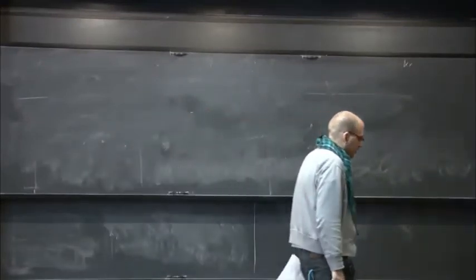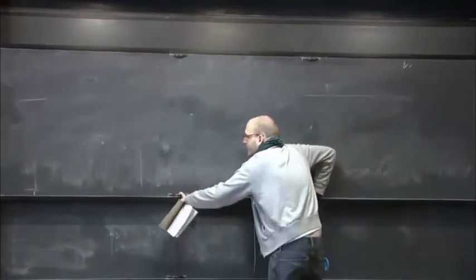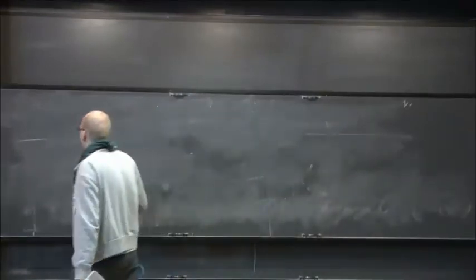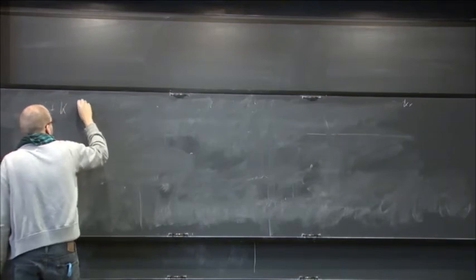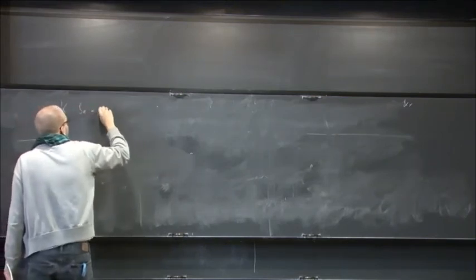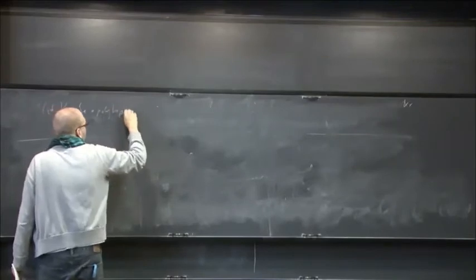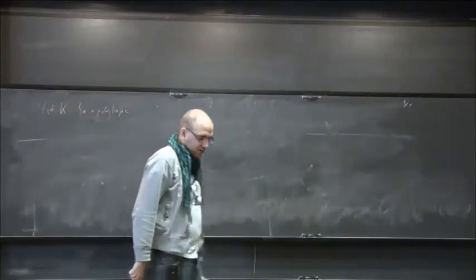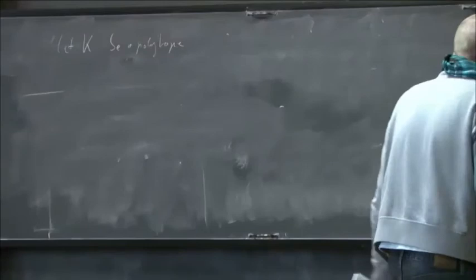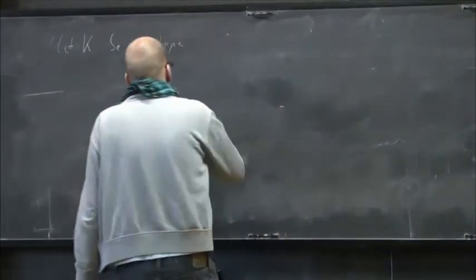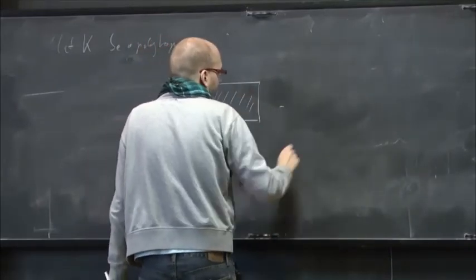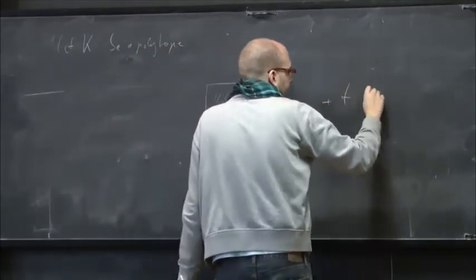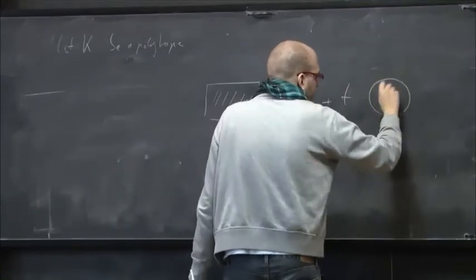So let's study the Steiner polynomial for a minute, because I have to do some manipulations of it. Assume that K is a polytope. So how does the Steiner polynomial look, and why are the coefficients positive for this? Let's say I have my polytope here, and now I want to add t times the unit ball.